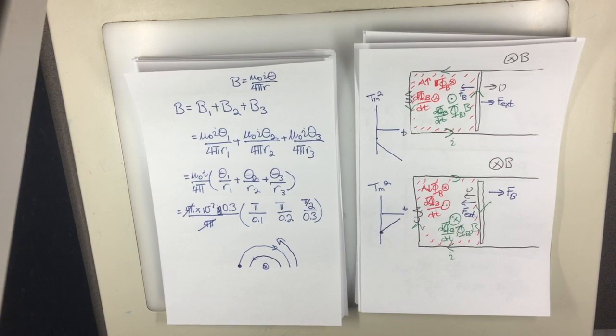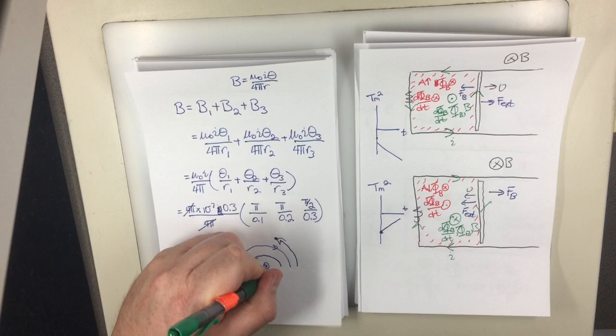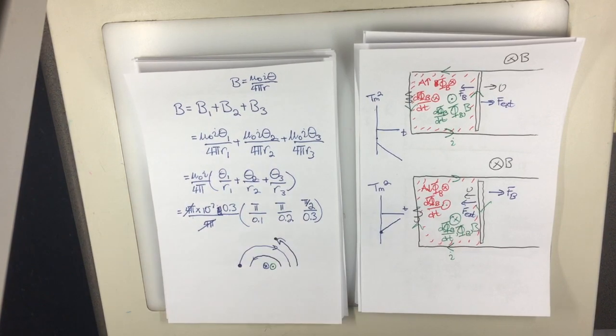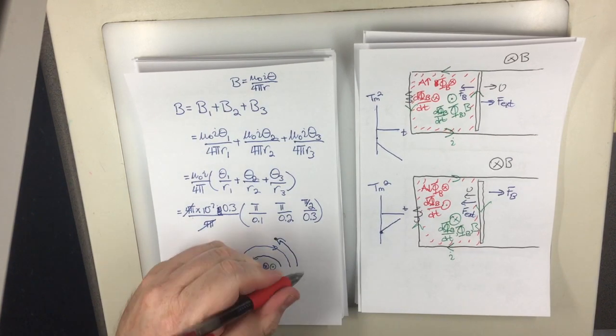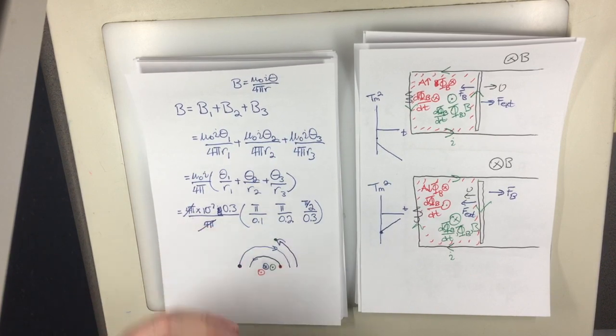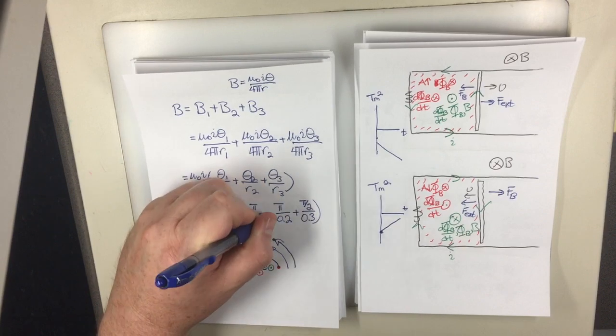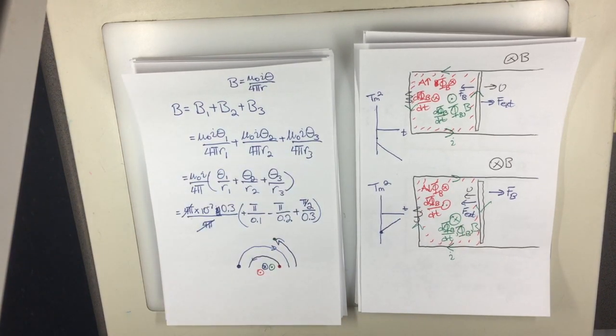They produce B fields that are out of the page. So the first and third wire are positive, second wire is negative. And now, let me rewrite this one last time.